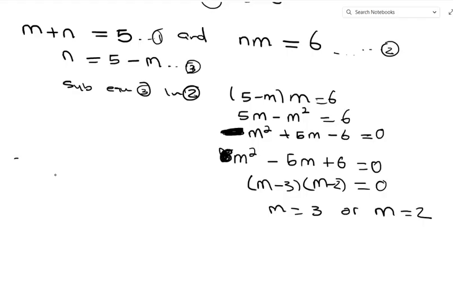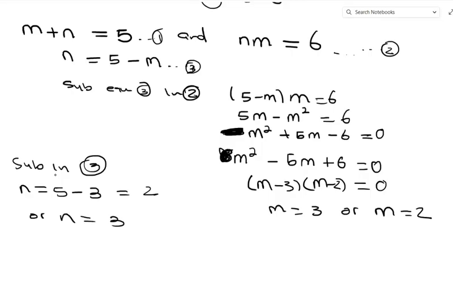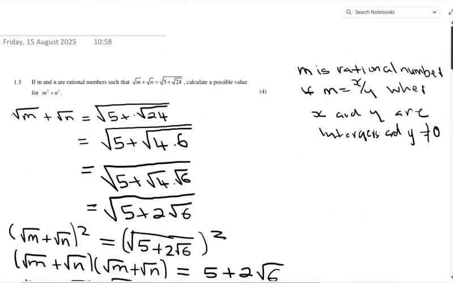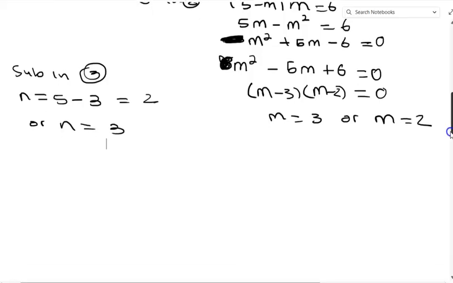Then we can sub in equation number 3, and we know that n is equal to 5 minus 3, which is equal to 2, or n is equal to 3. So now the question said, what are the possible values of m squared plus n squared?